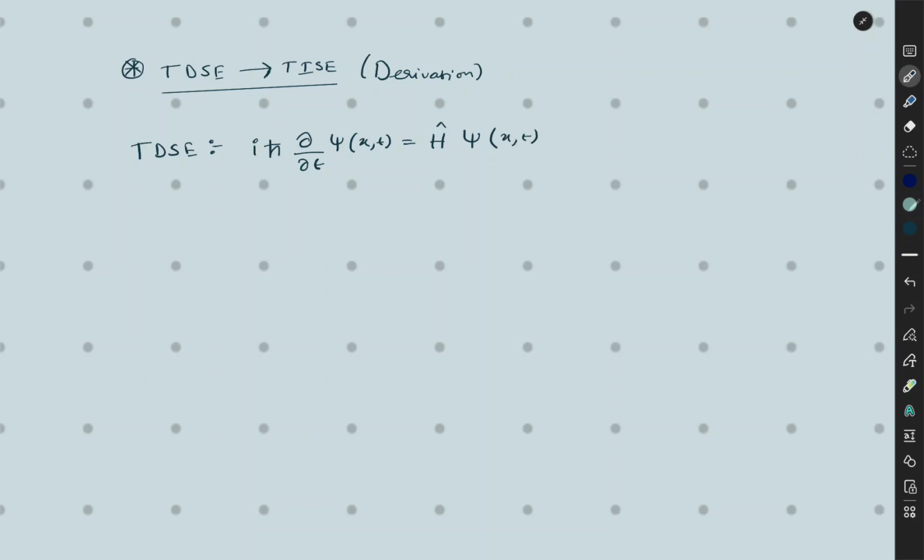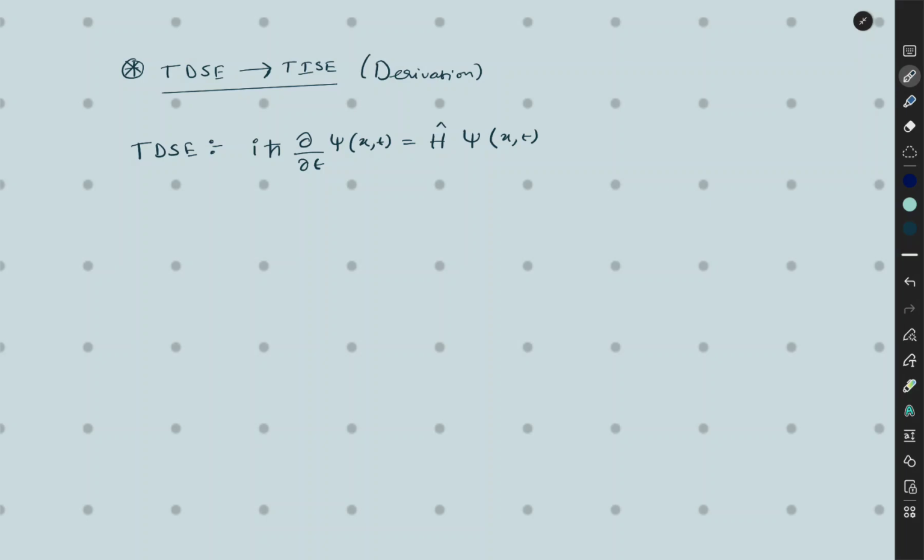So here i is the imaginary number iota and h cut is the reduced Planck constant, that is h by 2 pi, and psi is a wave function which depends on two independent variables, that is x and t, and H is the Hamiltonian operator.